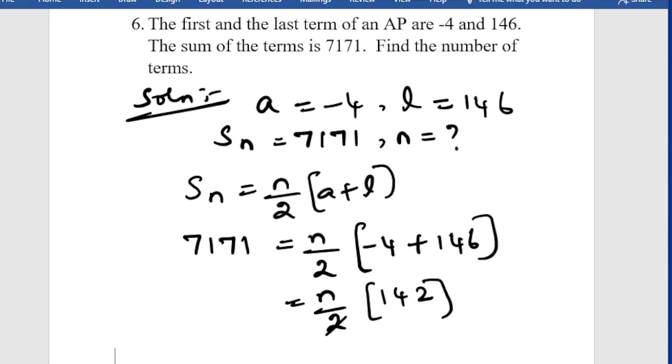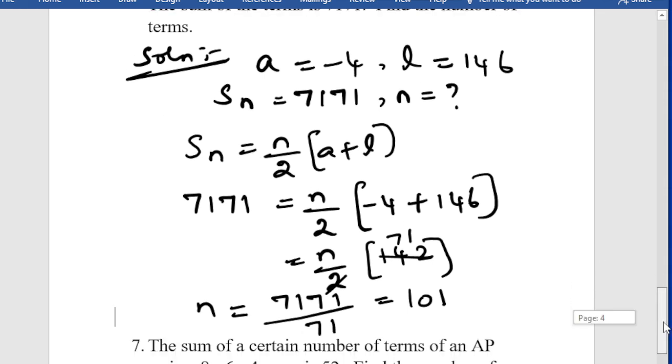Cancelling by 2 we get 71. So n equal to 7171 upon 71, which is 101. So the total number of terms in the given sequence is 101. There are totally 101 terms in the given sequence.